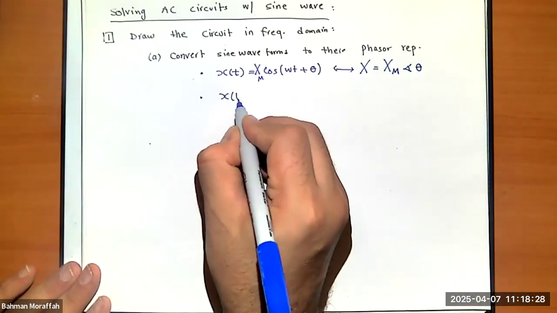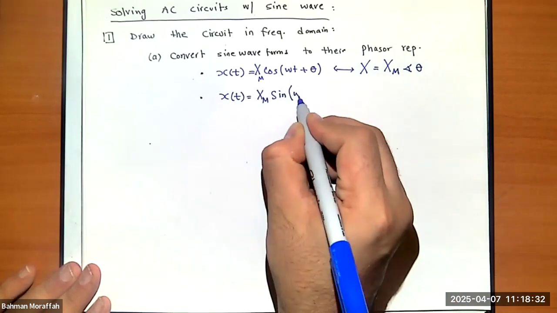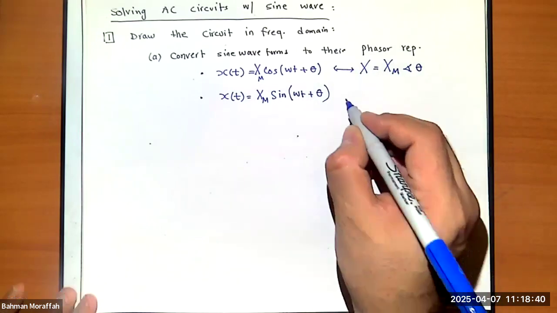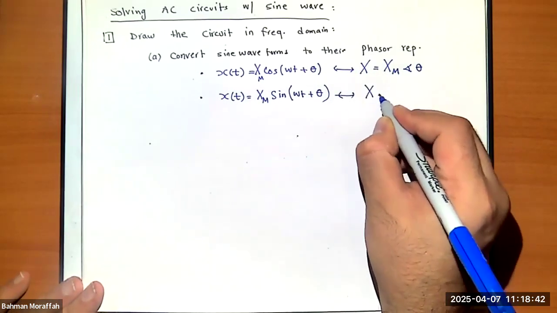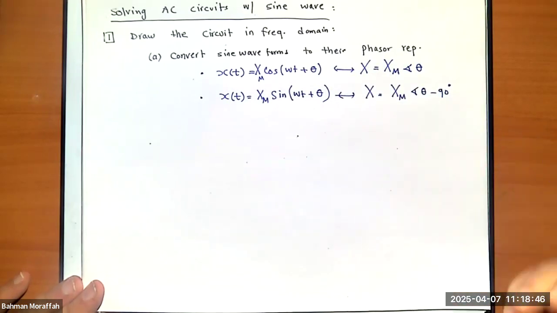And if x of t was represented in terms of a sine wave, all we have to do is convert this sine wave to a cosine and write the phasor representation, which becomes X equals Xm at angle theta minus 90 degrees, right?